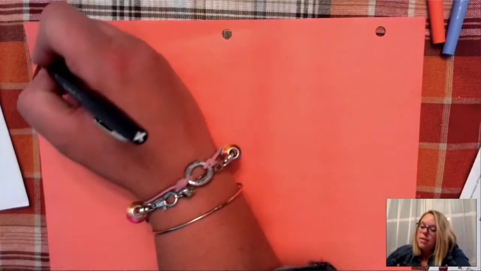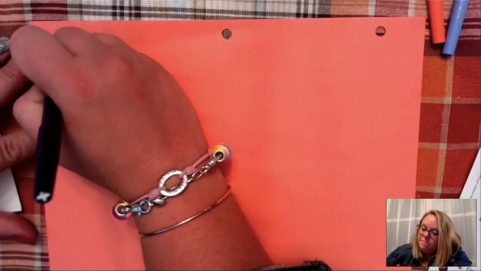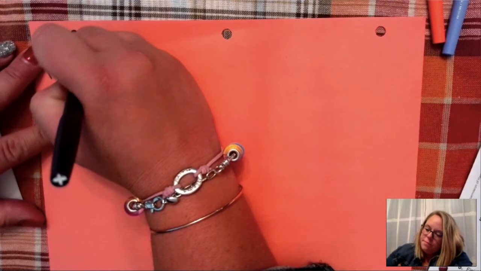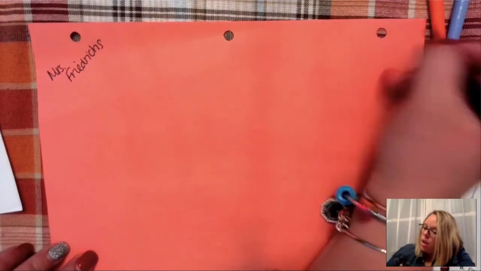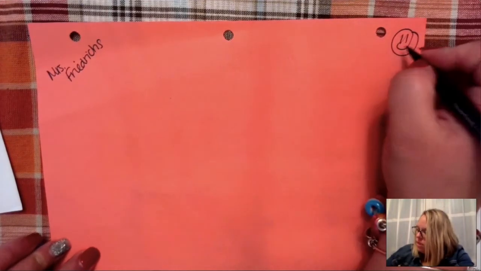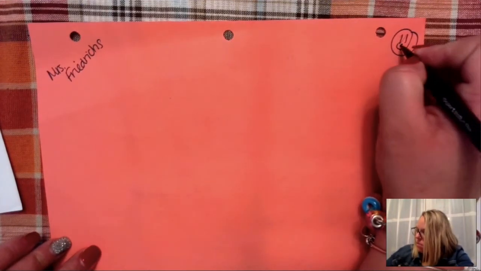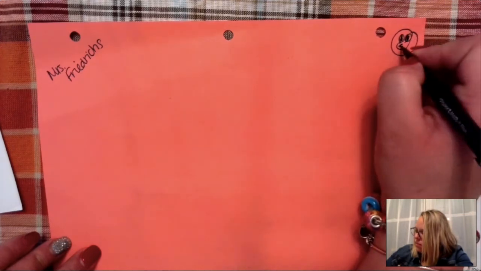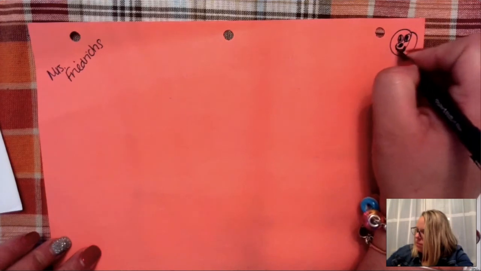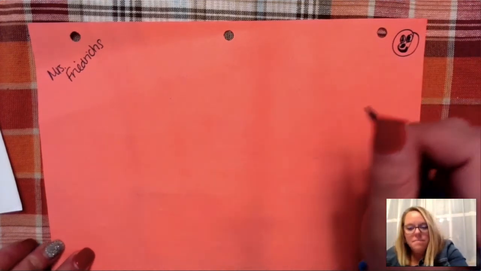I do want to see this back. Put in the corner, and in the other corner, put a smiley for me. My smiley looks a little silly. All right, let's get going.